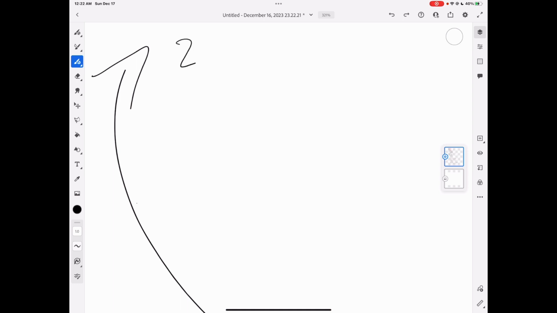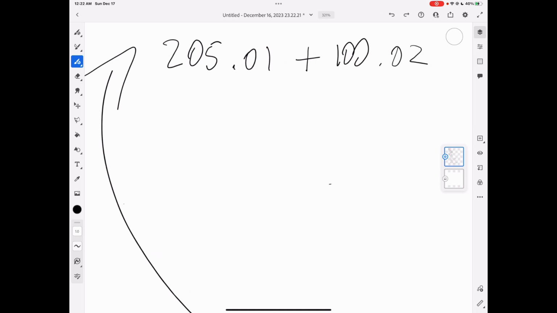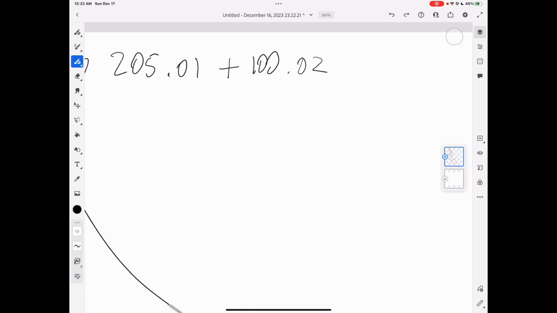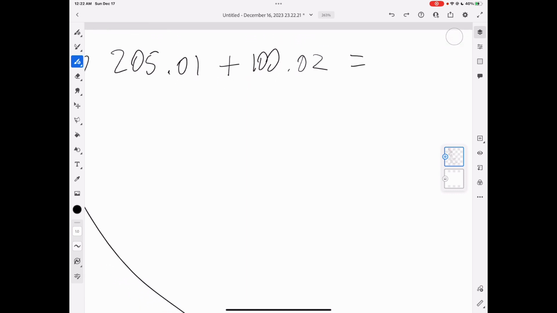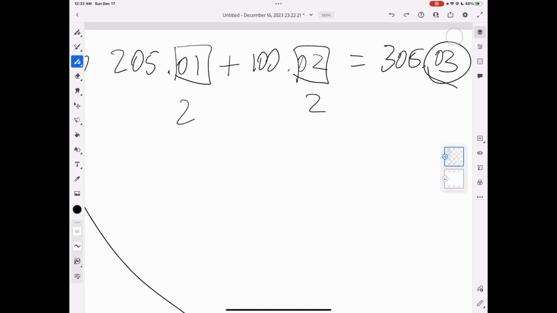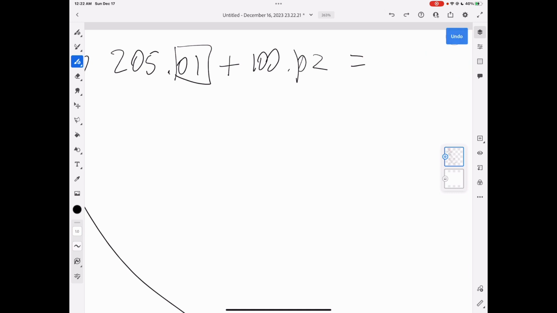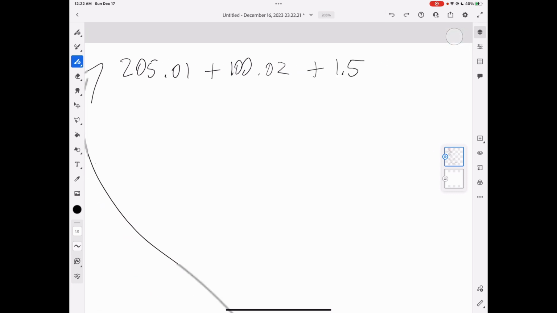For significant figures, if we have addition, what we want is the minimum number of decimal places in the answer. So since these both have 2 and 2 is the lowest, put 2. However, let's say we also wanted to add 1.5.